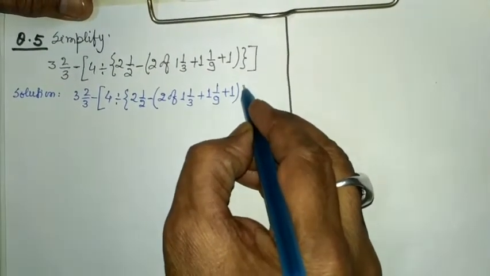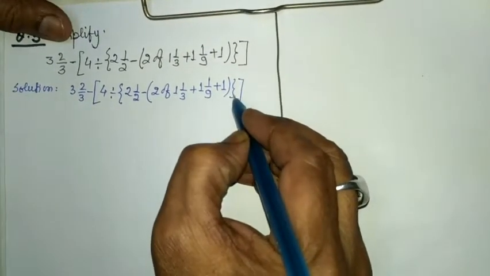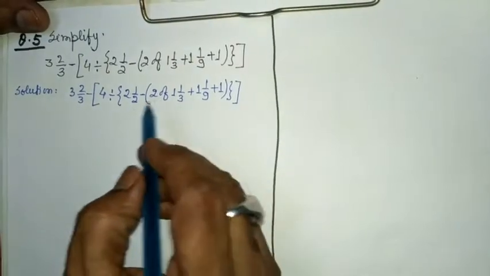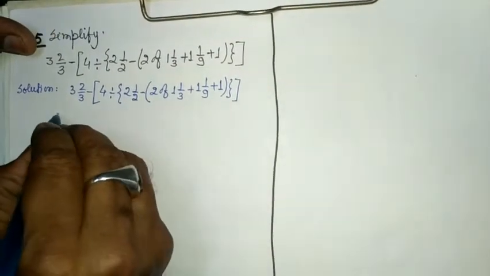Round bracket close, curly bracket close and big bracket close. In this bracket, first we change the mixed fraction into improper.